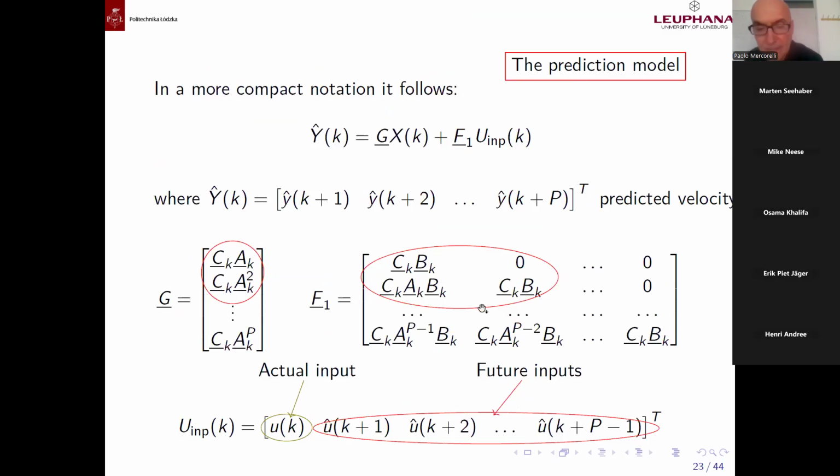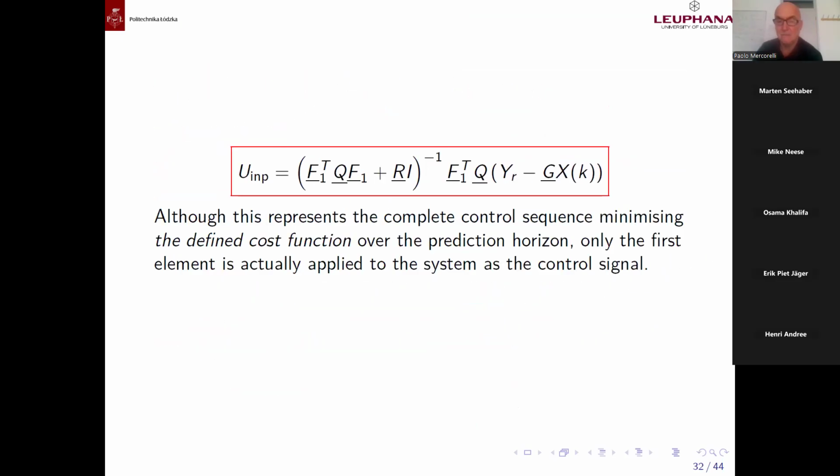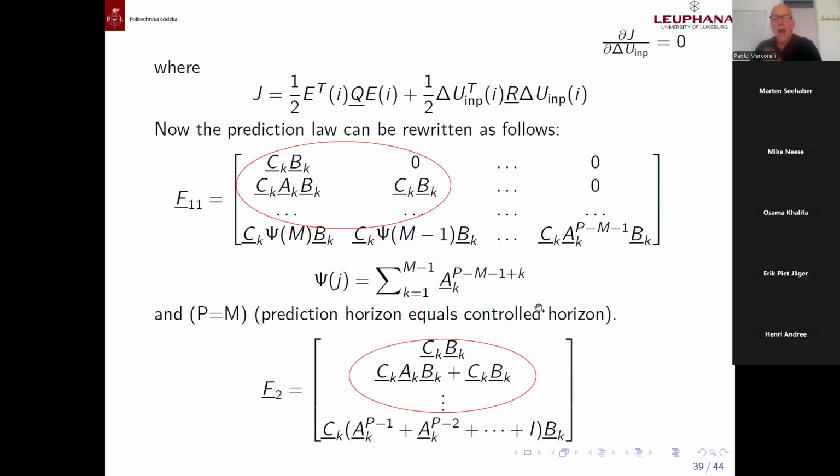We can see CK multiply BK, 0, 0, 0, CK multiply AK BK, CK BK. This was, instead of F1, now we have F11. This is it. At the end, this is a function of the prediction horizon, which in our case, I told you, equals the control horizon.